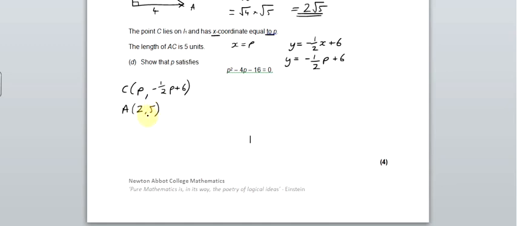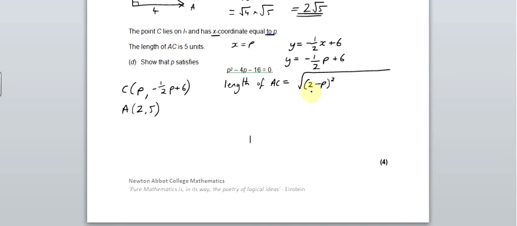So I'm just going to use Pythagoras on that. The length of AC is equal to the square root of 2, because that's the x coordinate here, minus p, because that's the x coordinate here, squared.